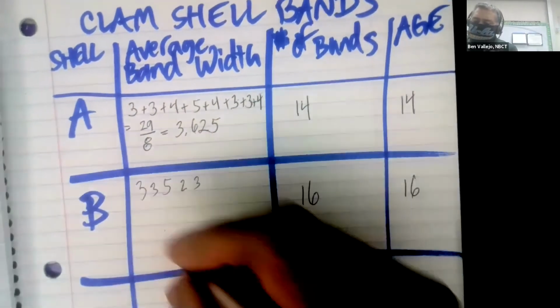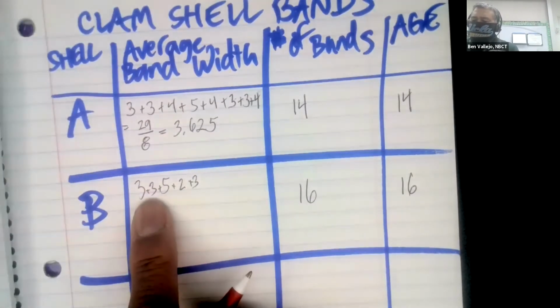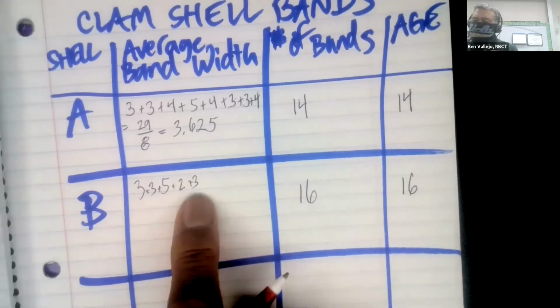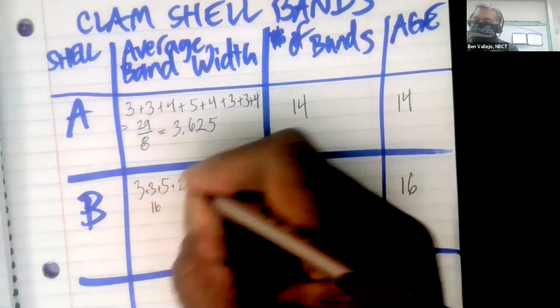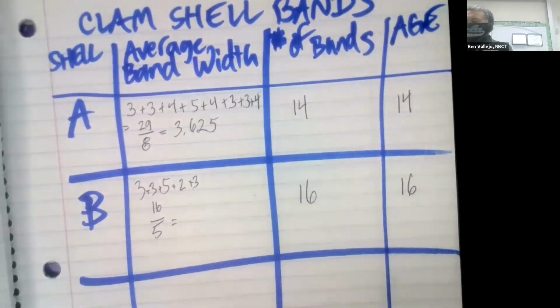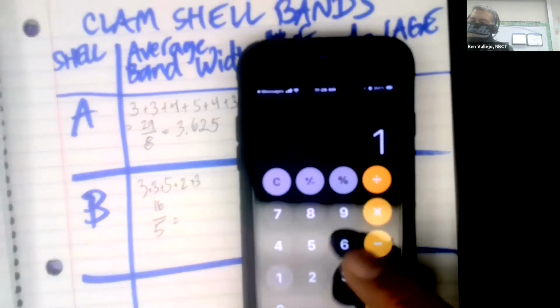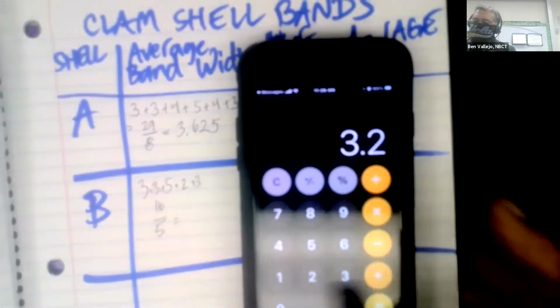This time I'm going to add those up. I have 11, 12, 13, 16. 16 divided by the 5 of them I counted this time. So when I get the calculator out, I get 16 divided by 5, and that's 3.2.